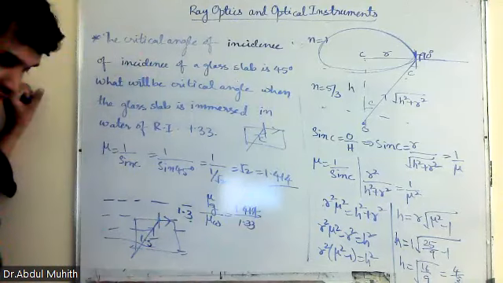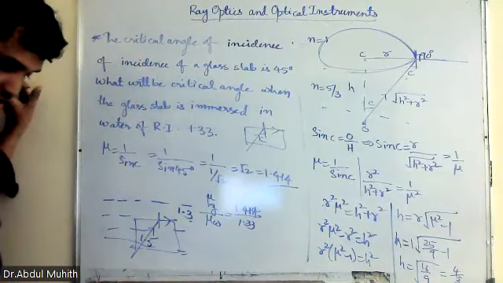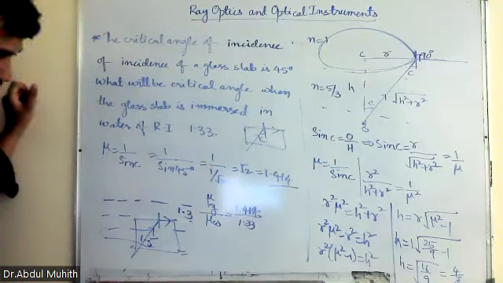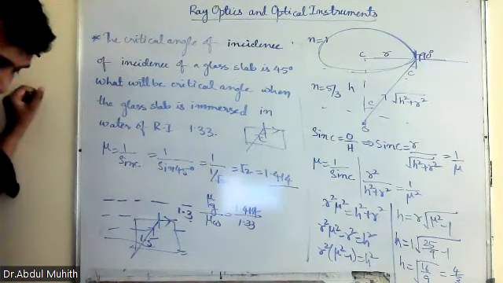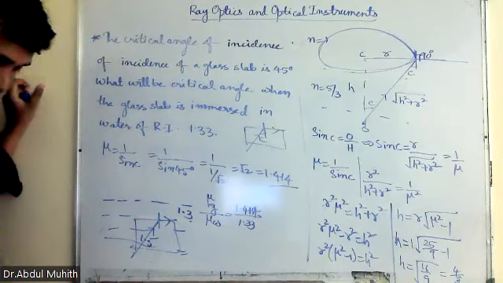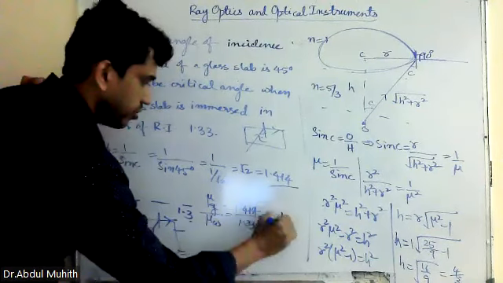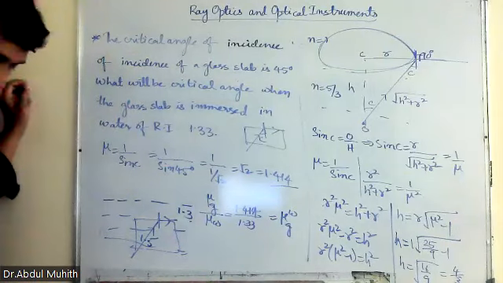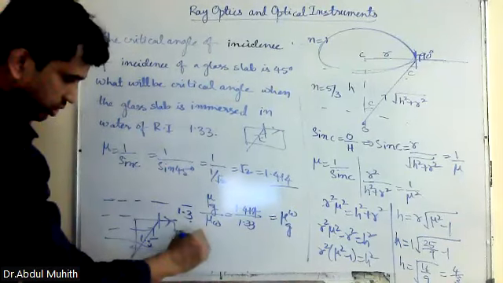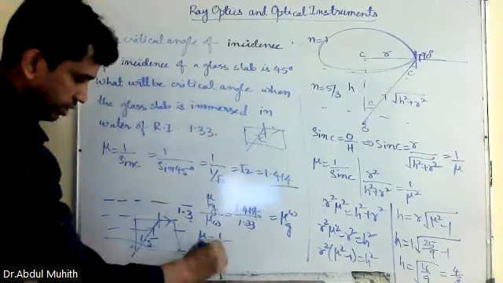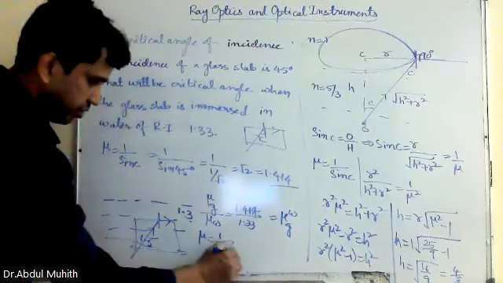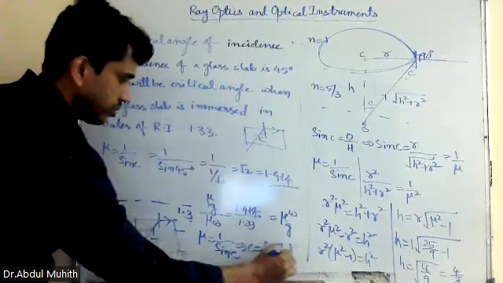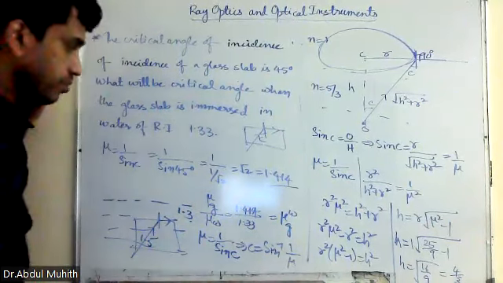So we get this value, which is known as refractive index of glass with respect to water. Now what is sin C? Mu is equal to 1 by sin C. Or we can also write C is equal to sin inverse of 1 by mu.